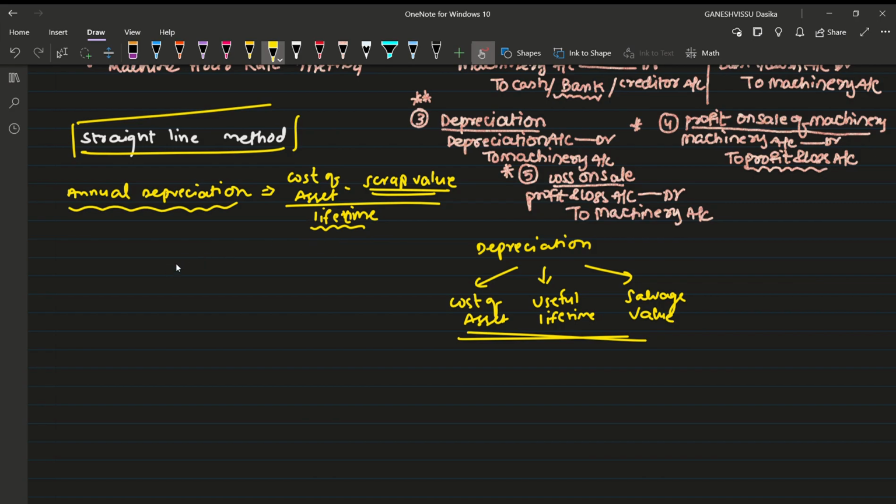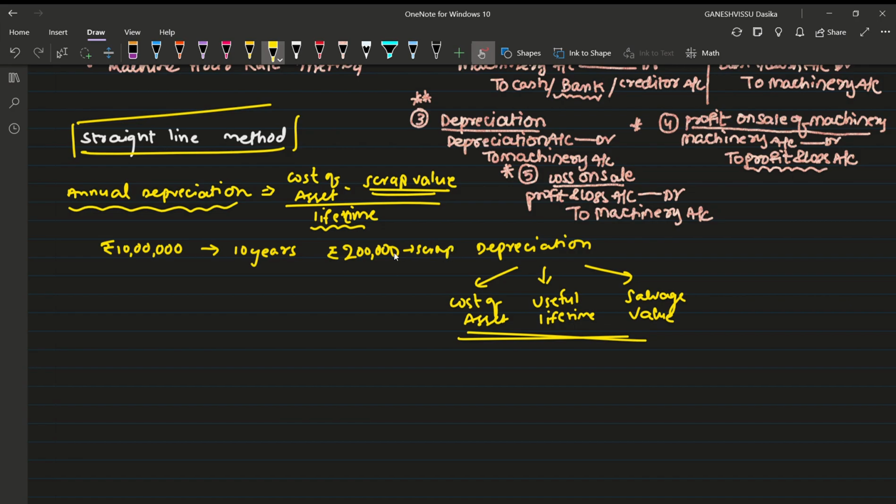For example, the asset has been purchased for rupees 10 lakhs, and it has a useful life of 10 years, and it has been sold. That means the realizable value of scrap, or scrap value, is 2 lakh rupees, let us say. At the end of 10 years the scrap value is 2 lakhs.